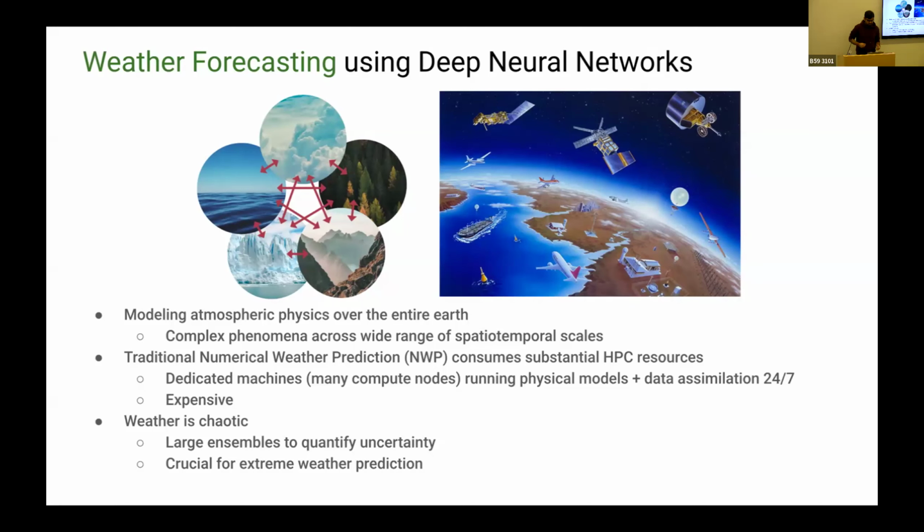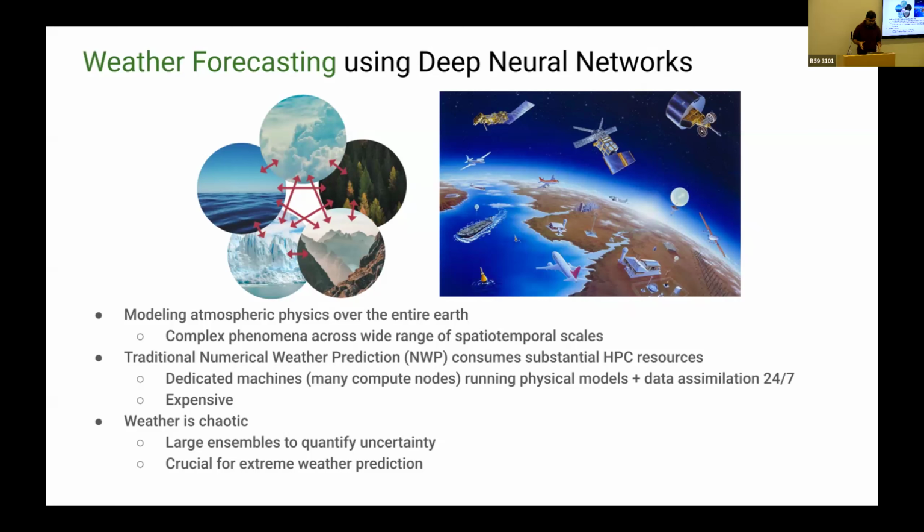This is very expensive. And all this expense is amplified because weather is inherently a chaotic system, which means that any small perturbations in today's weather can grow in time and become unpredictable. So the general strategy for dealing with this is to build many forecasts, an ensemble of forecasts, to quantify the uncertainty in your predictions.